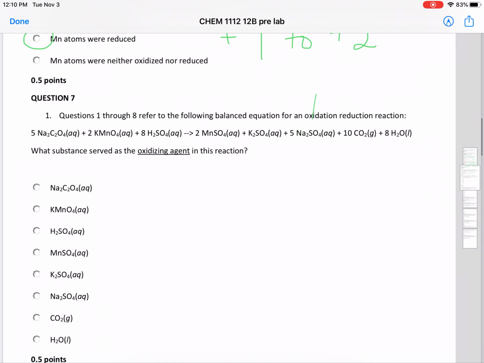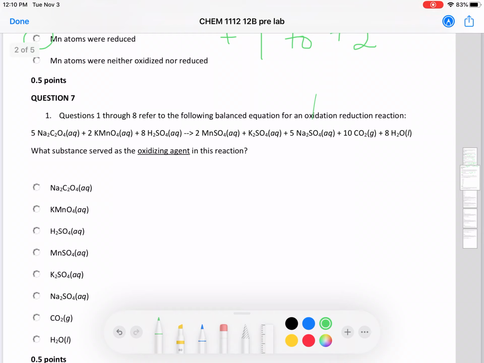Okay. The next one: what substance served as an oxidizing agent in this reaction? Oxidizing agent. So sodium oxalate going to carbon dioxide, right? And that was oxidation because it's going from +3 to +4. This is oxidation.